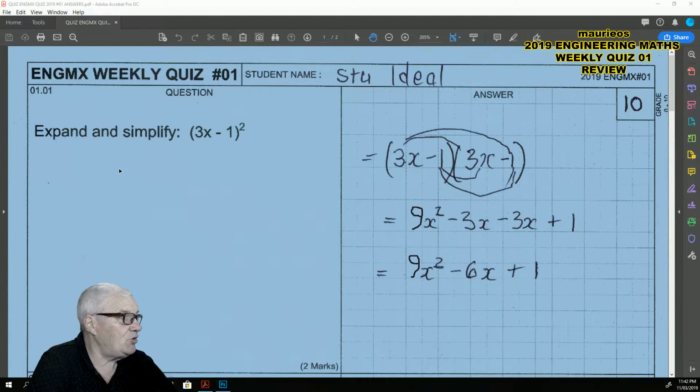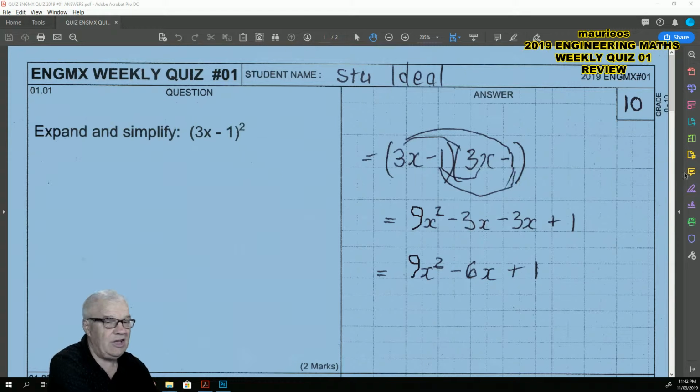So we put it in the brackets, and as you can see here, the first one in the first bracket gets multiplied. 3x times 3x gives us 9x squared. 3x times negative 1 gives us negative 3x.